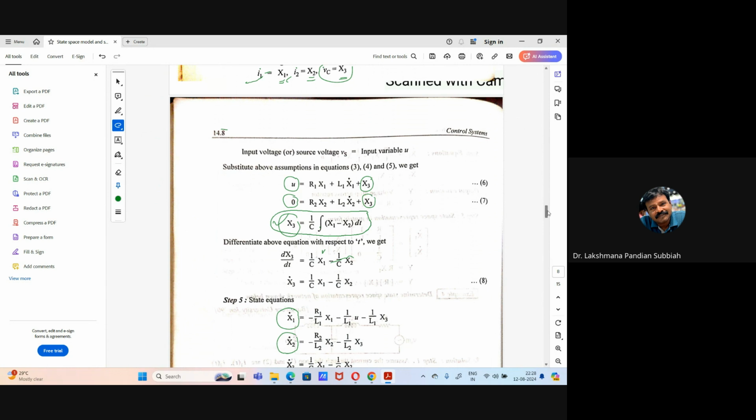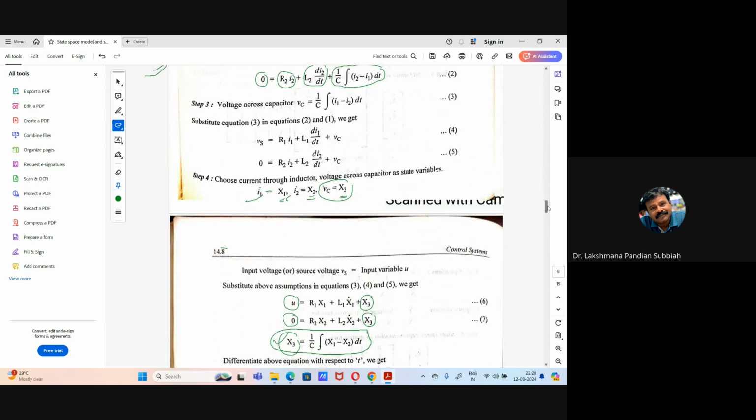In this equation, you take L1 dI1 by dt to one side, and on the other side we have Vs minus R1 I1 minus Vc. Then L1 is going to come out.